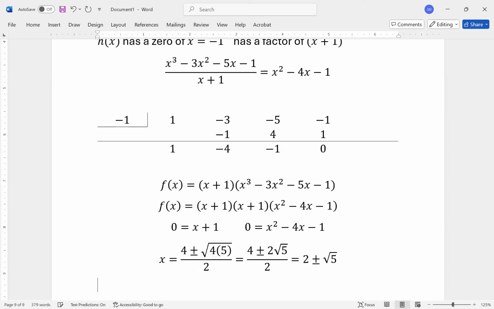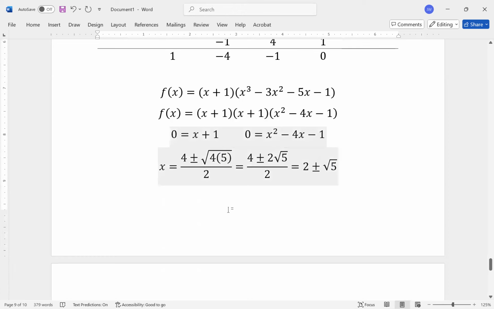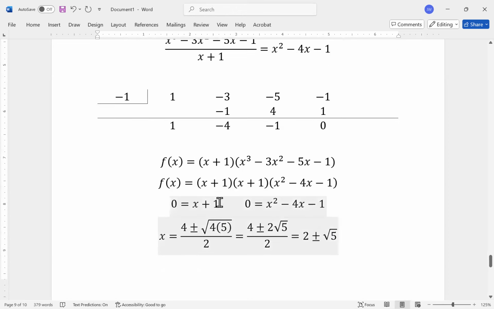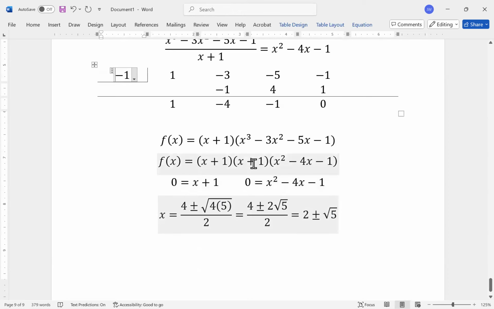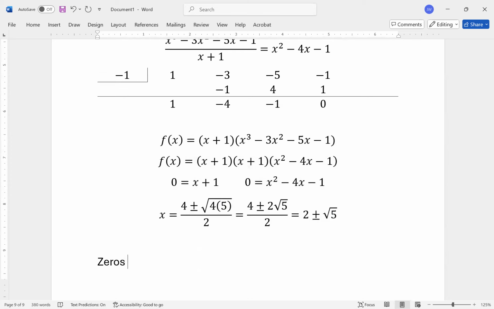So this gives me 3 zeros. One of my zeros, as we saw, had multiplicity of 2 because it wound up in my factorization twice. And the other two were irrational numbers, 2 plus root 5 and 2 minus root 5.